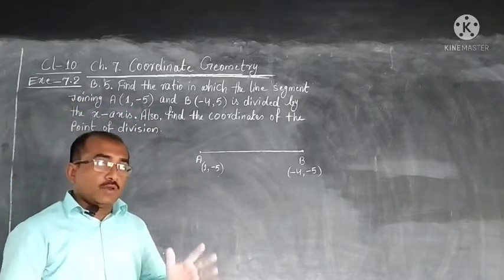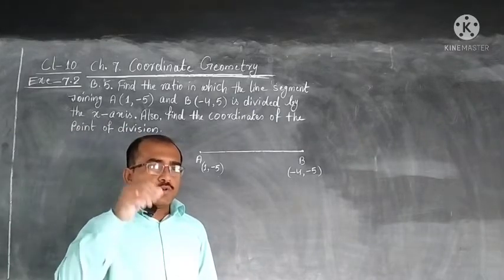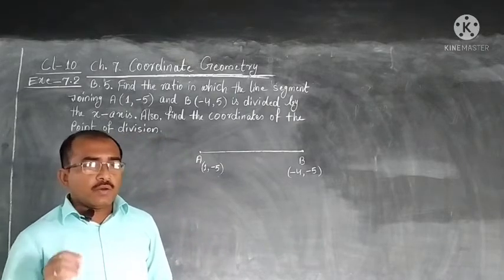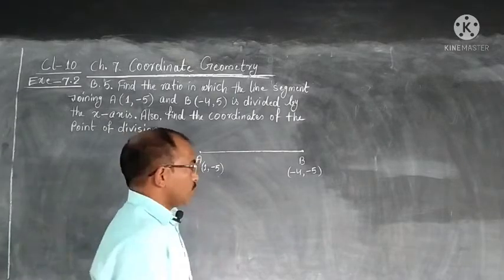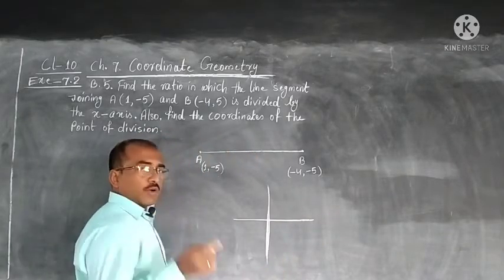So, just imagine when you are drawing that graph work you do, if any point falls on the x axis, then what will be the coordinate of that point? A small rough work is enough to understand that.